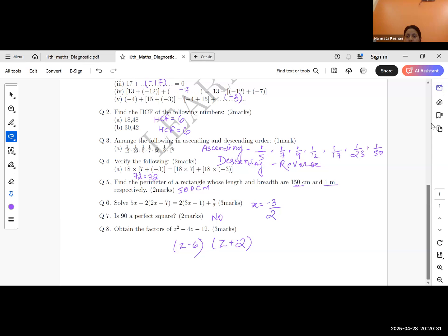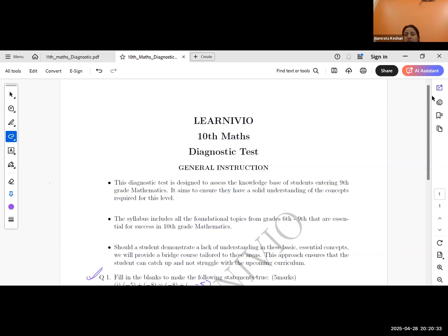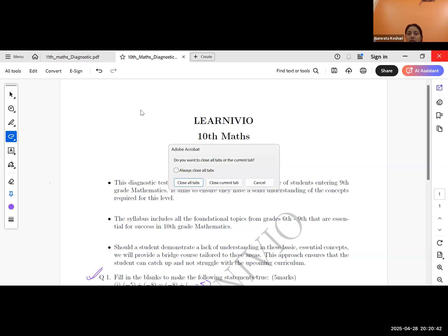Only these were the questions. And yes, we will be continuing with quadratic equations properly from the next class as well. Today I have just checked the concepts which were there initially: identify whether the given equation is quadratic or not, finding the solution by splitting the middle term, and the quadratic formula as well.